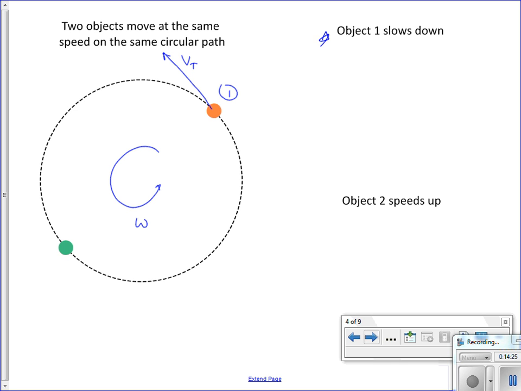And we're saying object 1 slows down. Well, that means its acceleration has to be in that direction, opposite direction of V. Okay, and let's call this object 2 over here. Well, it's moving this way, tangent to the curve. But it speeds up. Well, that means that this one has an acceleration that looks like that.